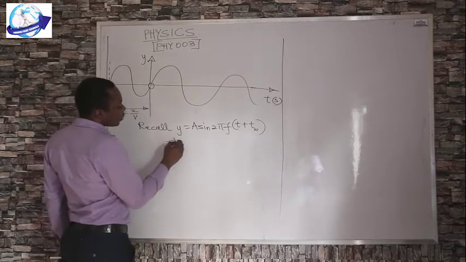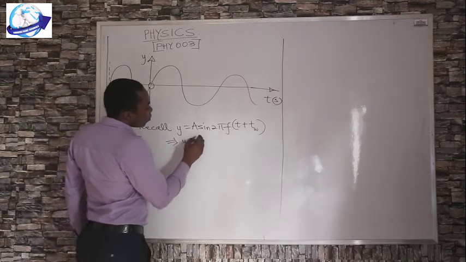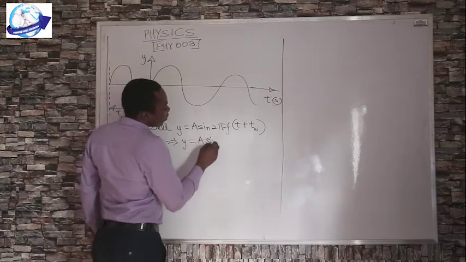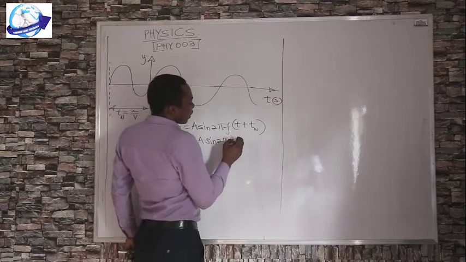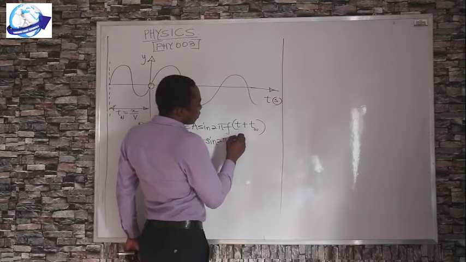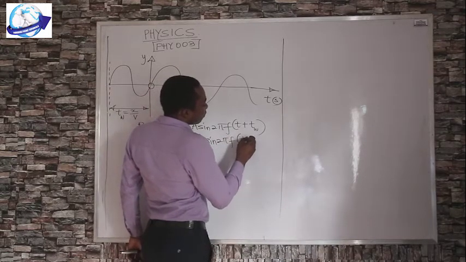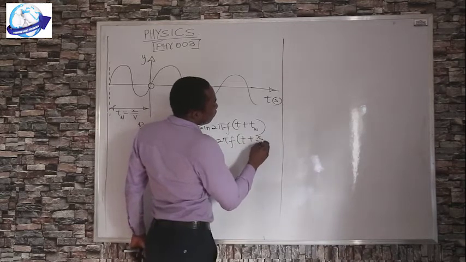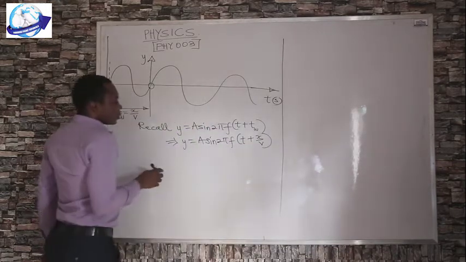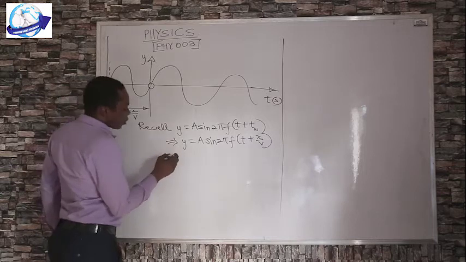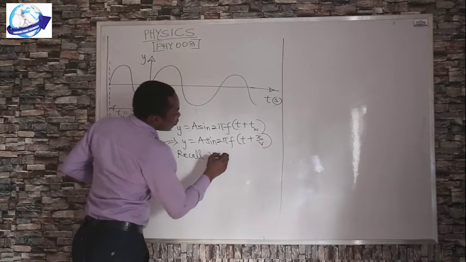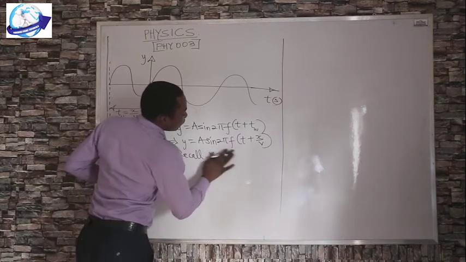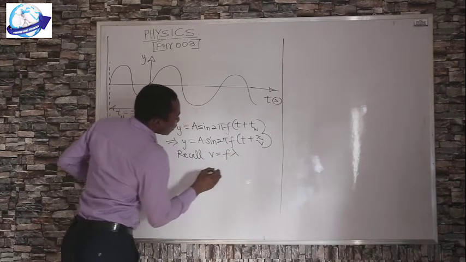It implies that y equals a sine 2 pi f, then open bracket t plus x over v. Recall that our velocity v is equal to f lambda.